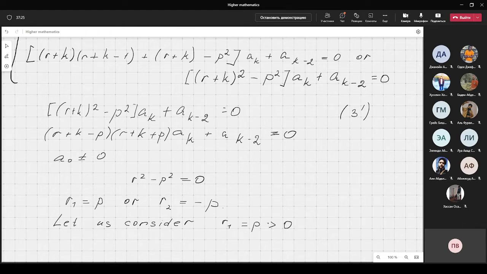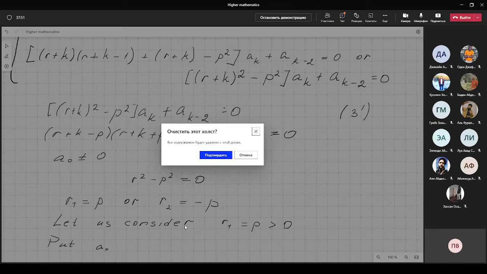From the system of equation 3, we determine all the coefficients a1, a2, etc. in succession. a0 remains arbitrary. For instance, put a0 equals 1.